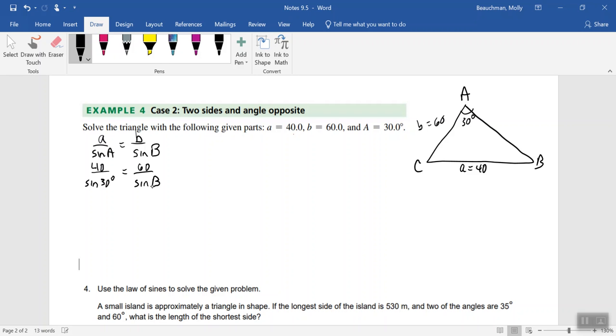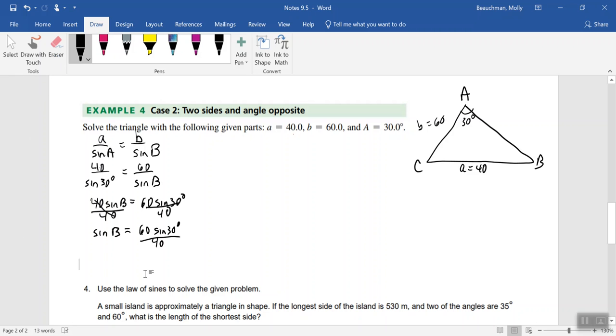And I'm trying to find the sine of angle B. So let's cross multiply. 40 times the sine B is equal to 60 times sine 30. Divide both sides by 40. So I get the sine of angle B is equal to 60 times the sine 30 over 40.